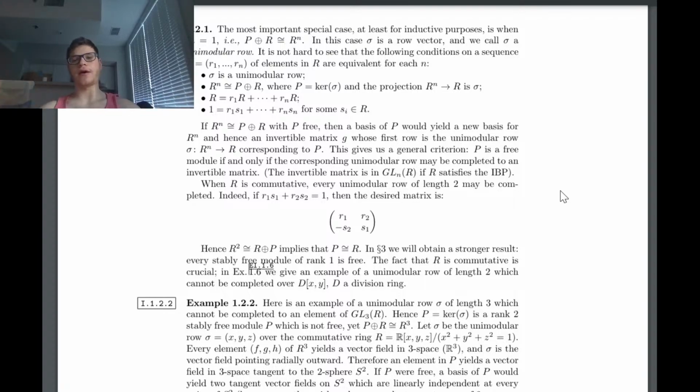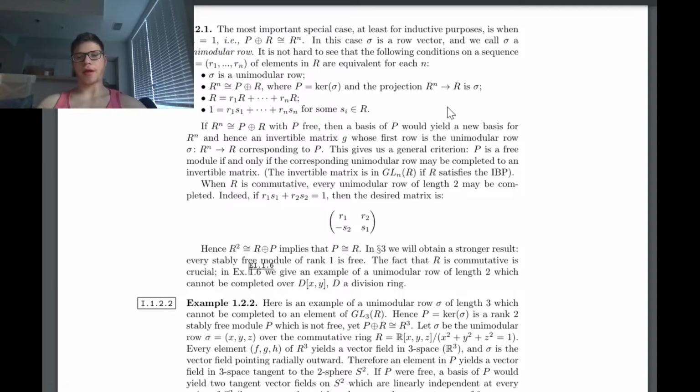So if you have an element of R, how do we build a section? So we know that 1 is equal to R1 times S1 for some Si. So we can have R be R times that.